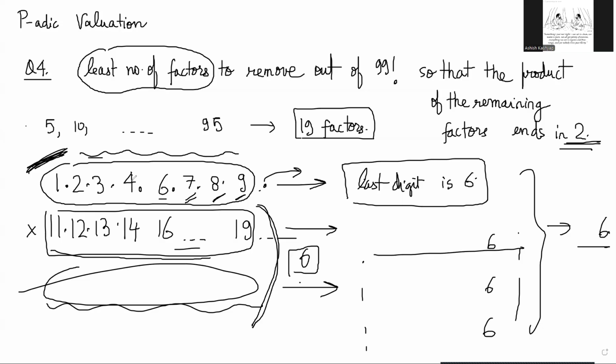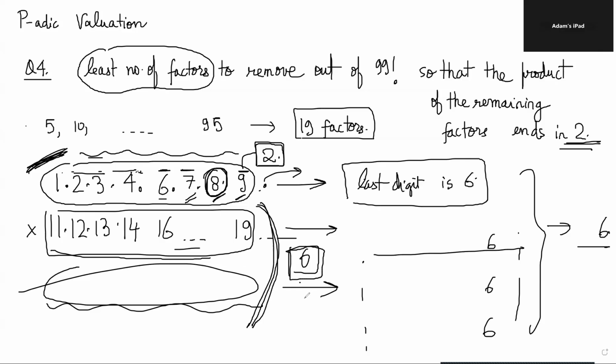So suppose I remove an 8 here. What is the number ending in now? 6, 4, 24, 4 till here, then 4 till here, then 8 till here, and then 9, 2. It ends in 2, right? If I multiply something ending in 2 with a number ending in 6 here, it will still end in 2.